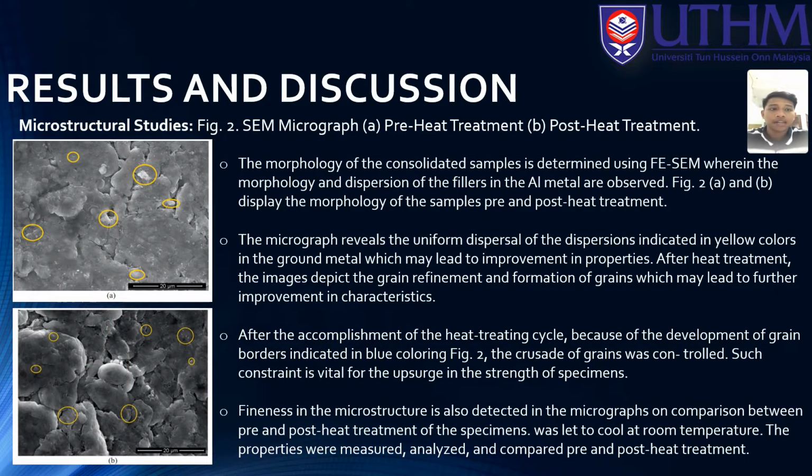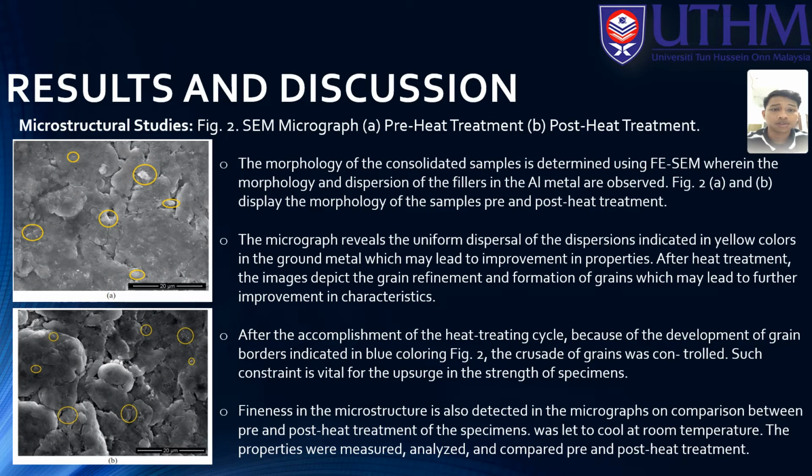For the result and discussion, microstructure studies in Figure 2, we can see the picture of A is pre heat treatment and picture B is post heat treatment. The morphology of the consolidated sample is determined using FESEM, wherein the morphology and dispersion of the fillers in the aluminum metal are observed.